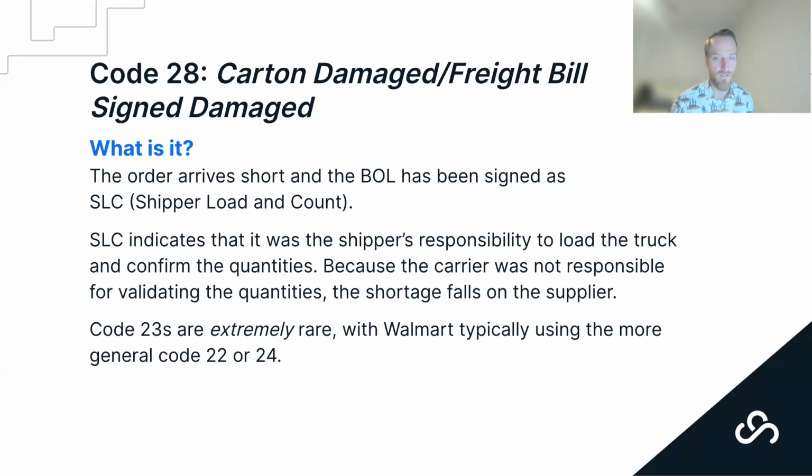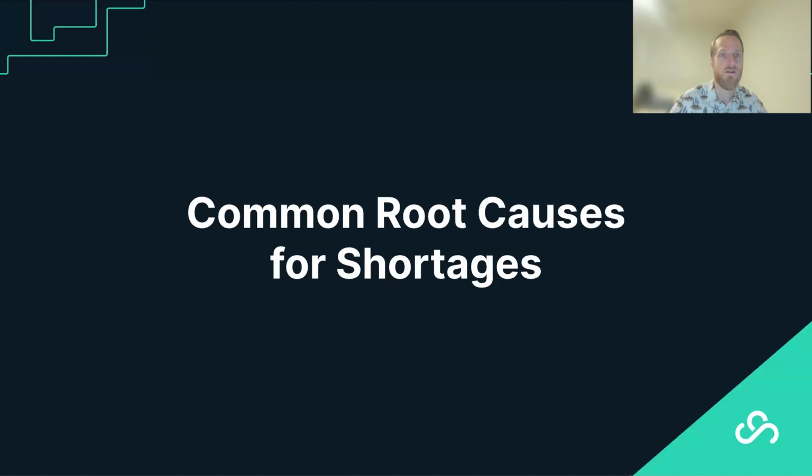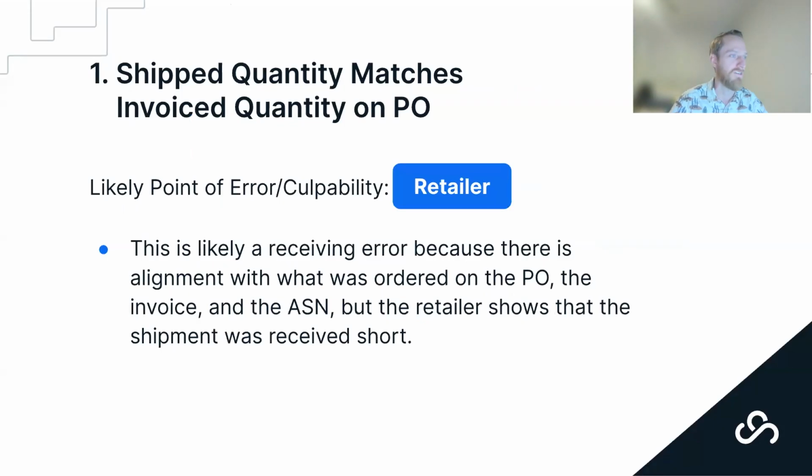So those are the most common shortage deduction codes that we see, and kind of all relevant to this set of root causes that we'll go through in a second. And as I said, common root causes for shortages. So we're going to walk through several root causes specifically for shortage deductions.